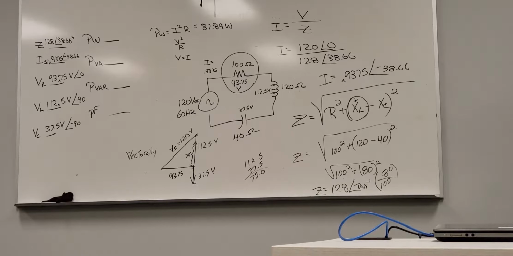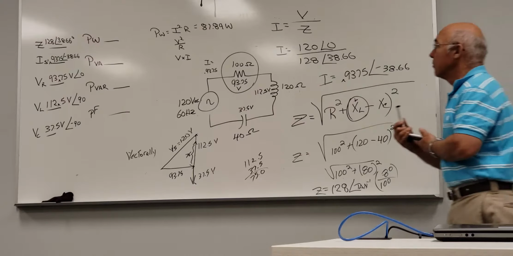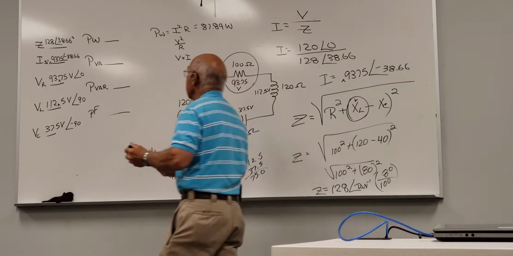So that gives me the same answer. Or if I take the voltage, 93.75 times the current, which is 0.9375, I get 87.89. So either way you look at it, power in watts is 87.89.